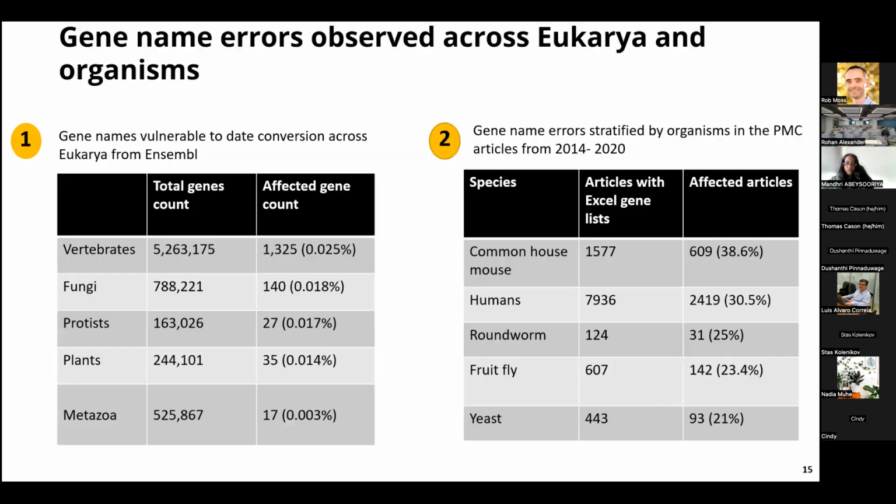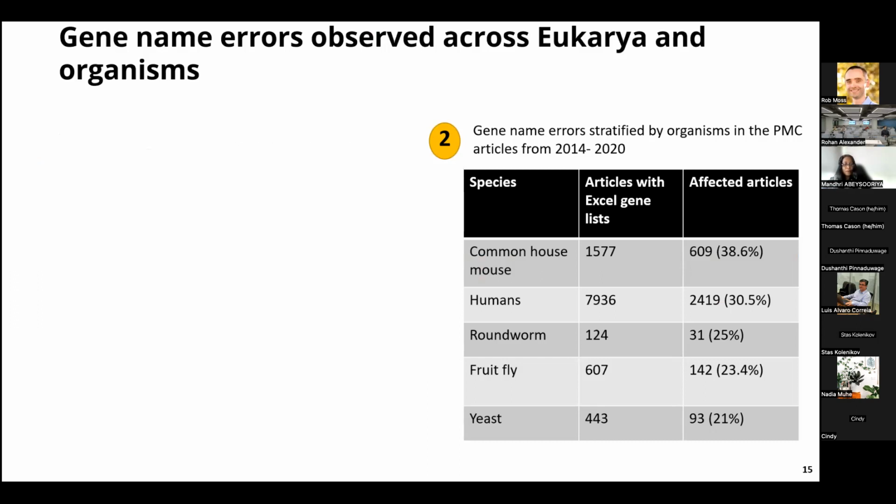So moving on to the results. This is the output of the results for gene name errors observed across Eukarya and organisms. Table 1 demonstrates the gene name errors across Eukarya for the top 5 gene annotation files downloaded from Ensembl. Here, vertebrates have the highest affected genes and Metazoa the lowest.